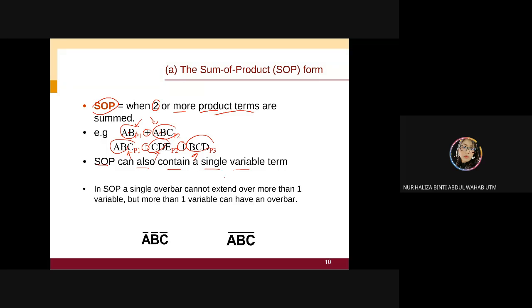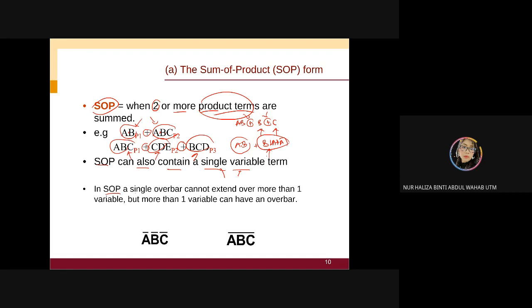That means you have A, B plus B plus C. This is a single variable, as long as you add them. A dot B is a product term, while B over here is a single variable, but you can treat it as B plus 1, where 1 can be A plus A bar. So this is still a product term.